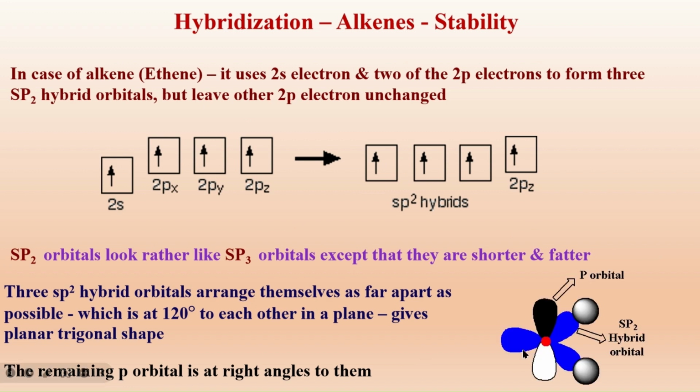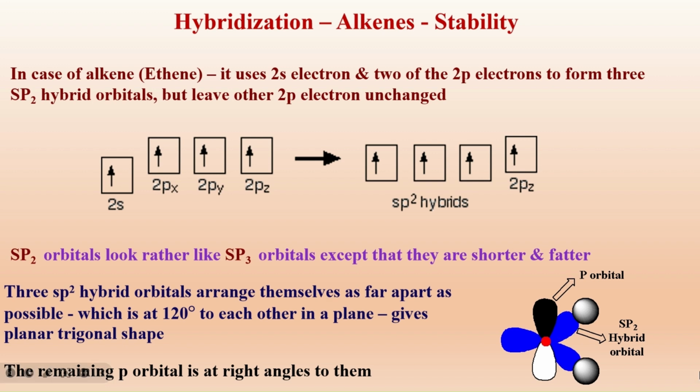These three sp2 hybrid orbitals lie in the same plane, which is represented in blue coloration. As they lie in the same plane, this forms a circle, and the 2pz orbital is perpendicular to the plane of the sp2 hybrid orbitals.